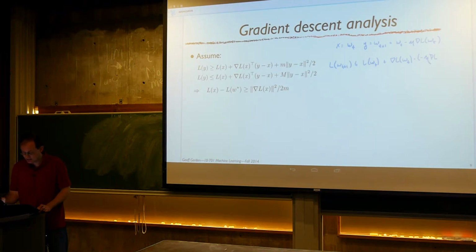And then instead of writing times that gradient, I'll just turn this into the norm squared of the gradient, so times minus eta. And then the last term, plus big M over 2 times, again, the norm squared of the gradient of L at wt. And then I'll get an eta squared as well on the outside.